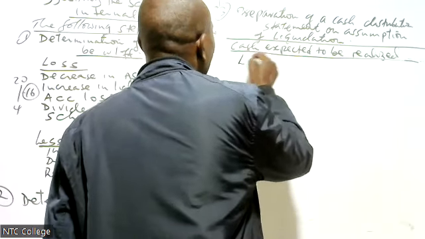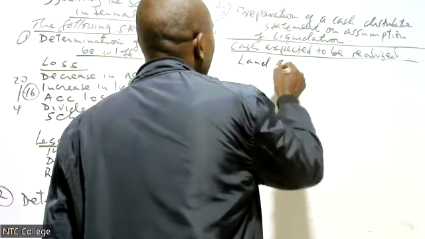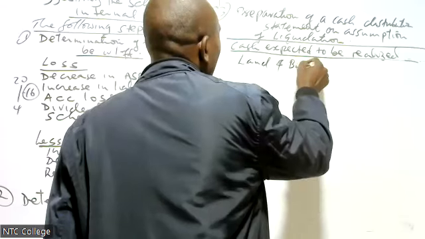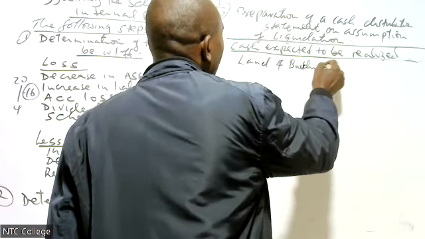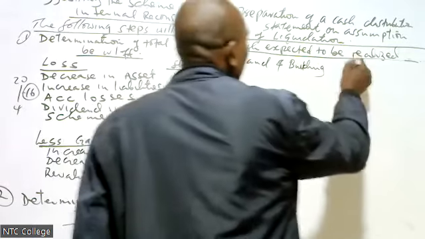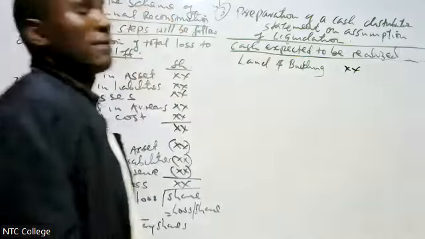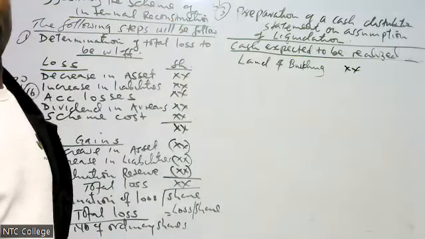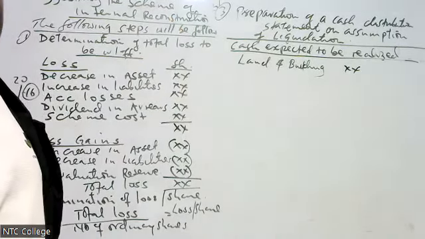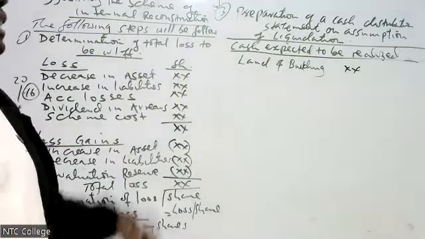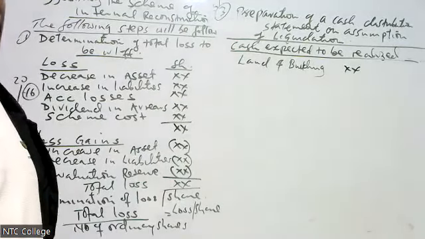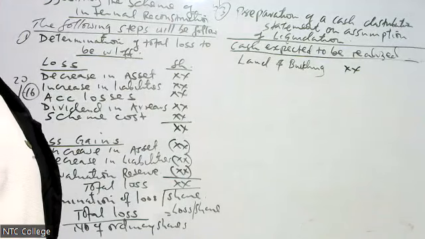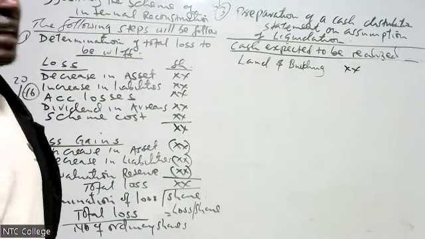for example, I have land and building. How much am I realizing in land and building? 20 billion. I have it there at fair value. Therefore, I'm assuring these people that the money is there.